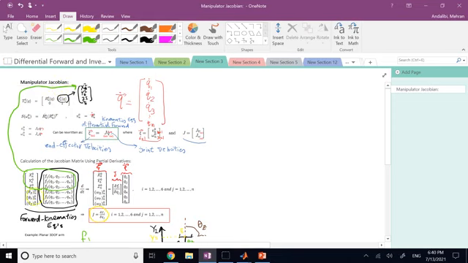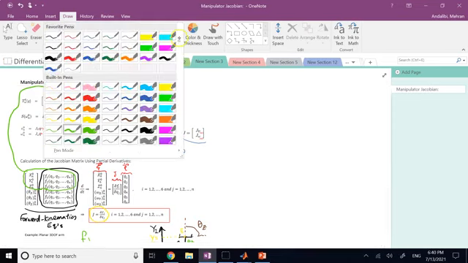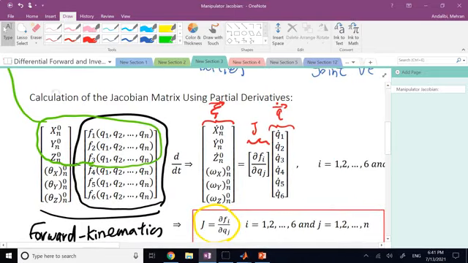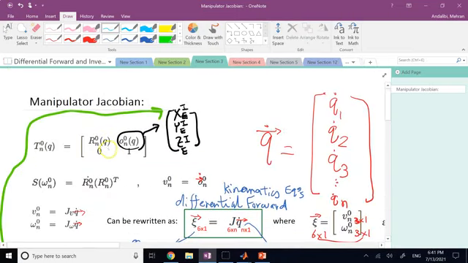The problem is with the last three. When you look at the last three, these are the absolute angles of the end-effector frame with respect to the base frame, as a function of the joint variables. And the problem is these are not explicitly given to me. They are implicit in this rotation matrix.